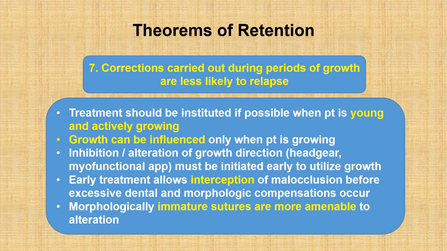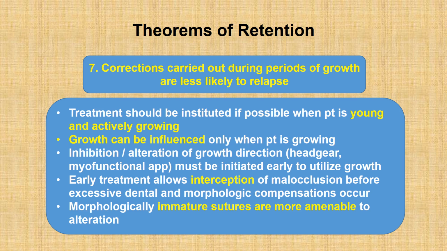Corrections carried out during periods of growth are less likely to relapse. Treatment should be instituted if possible when the patient is young and actively growing. Growth can be influenced only when the patient is growing.